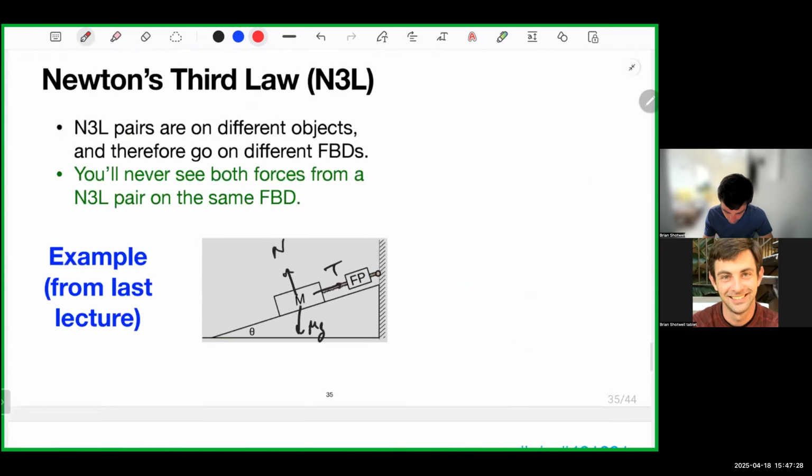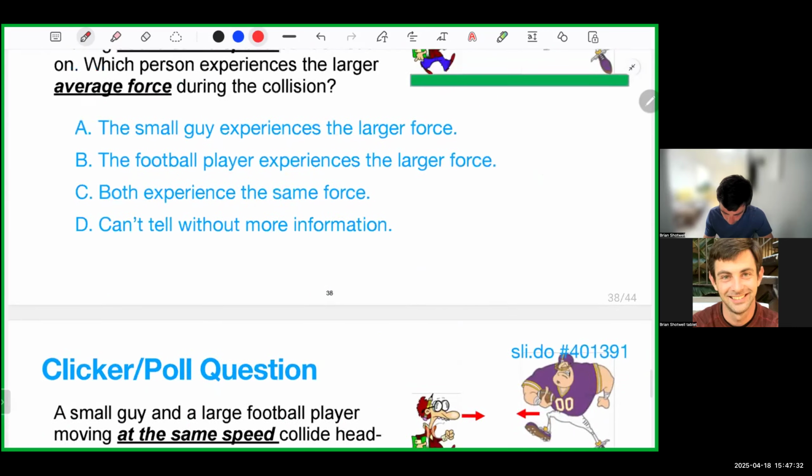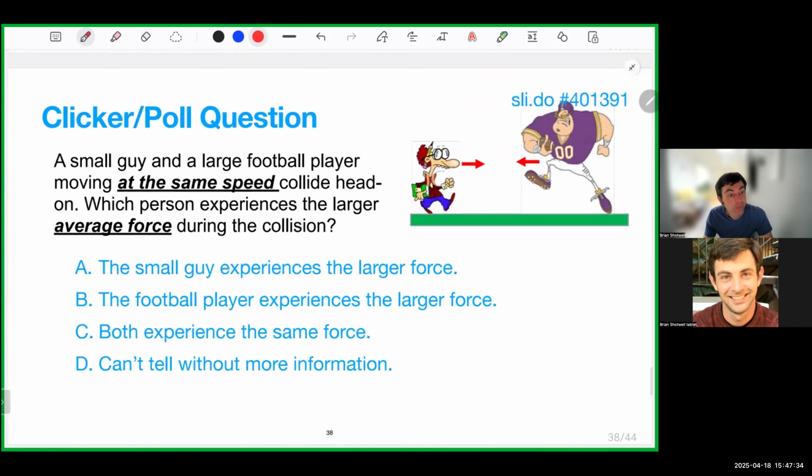Okay, so then we did a bunch of Newton's third law problems. This is one that we skipped. Which person experiences the larger average force when these two run into each other? Well, when these two crash into each other, there's this small, nerdy-looking cartoon character and then the big alien-looking football player.